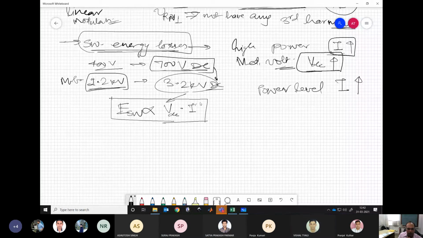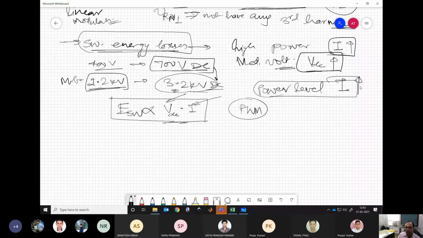We cannot do anything to these two components. Can we reduce the DC bus voltage requirement? No, sir. If we have fixed our PWM technique, we cannot reduce this. We have to maintain that much DC bus voltage if we want to operate the system. If the power level is fixed, that means current is fixed, and we can't do anything with this either. Then what is the other factor?